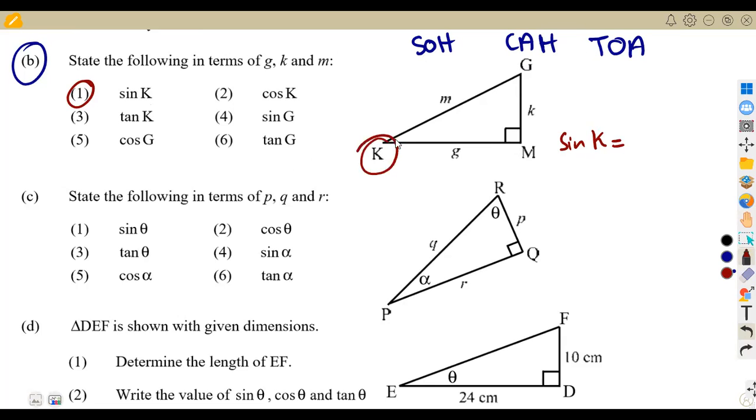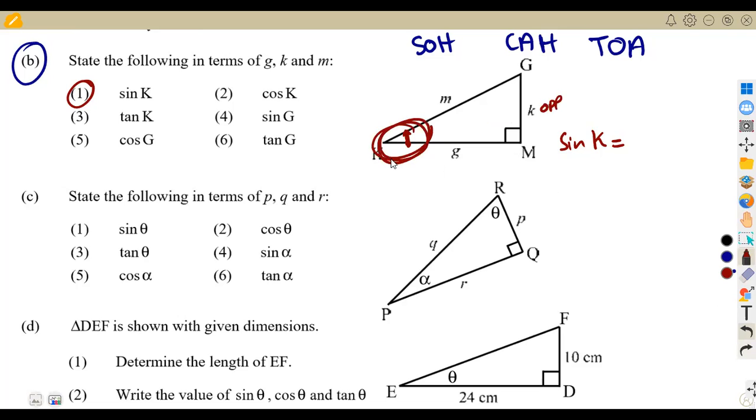So if you are to consider this is the angle k, remember I said the sides are named according to the angle. So according to this k that we see here, this side is the opposite. It is opposite to k. It is facing k. So this is our opposite.